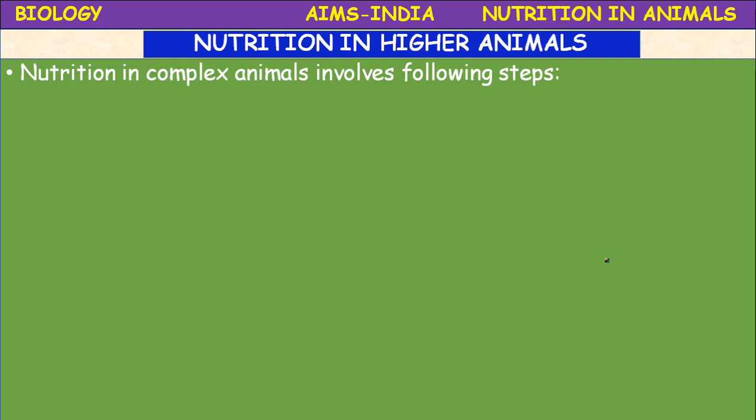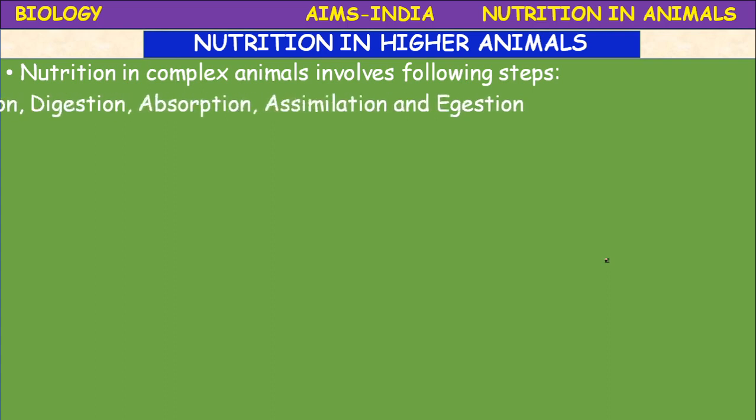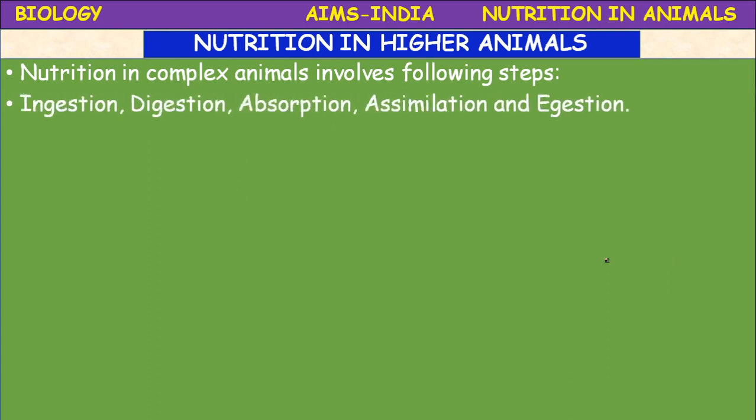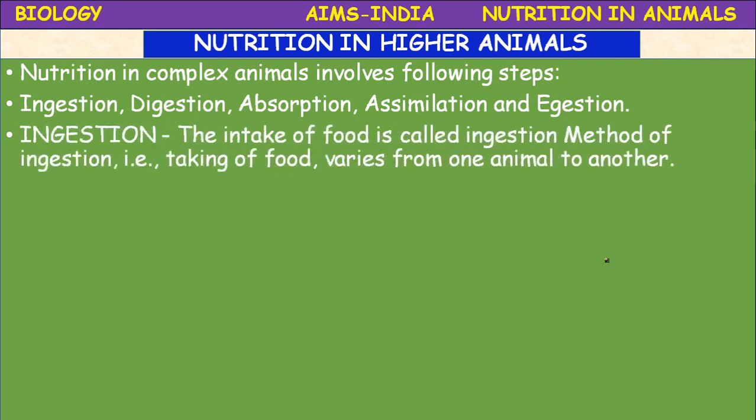Nutrition in complex animals or higher animals involves several steps, which include 5 major steps: ingestion, digestion, absorption, assimilation, and egestion. Egestion is also called defecation. First, ingestion. Let us study one by one.